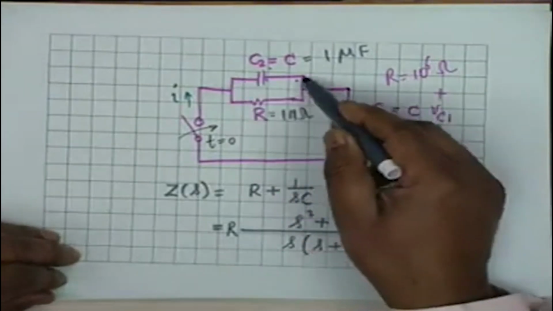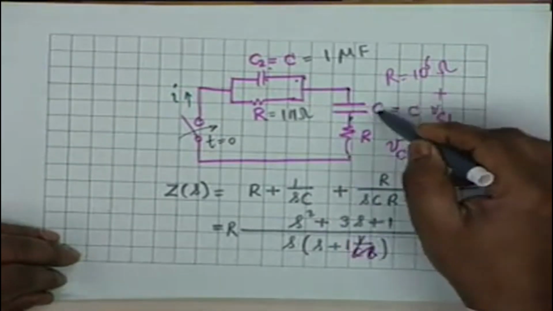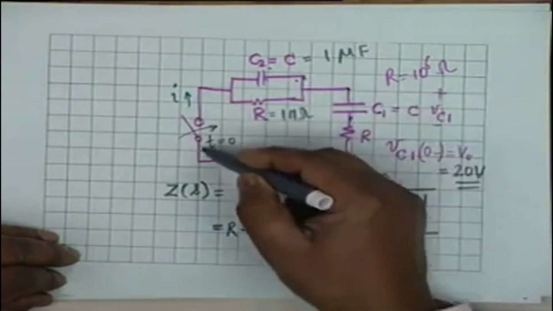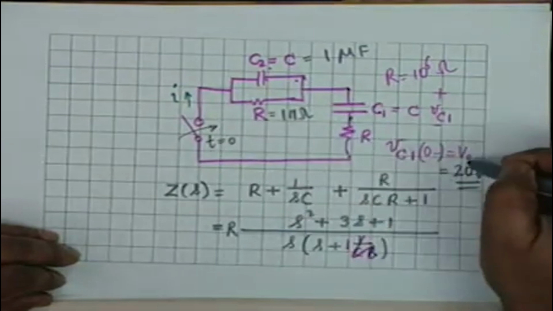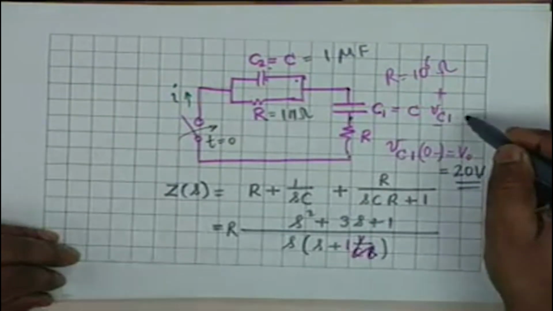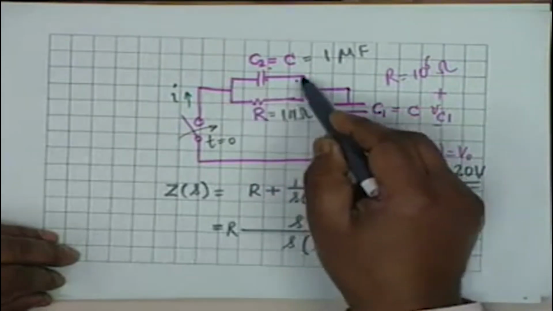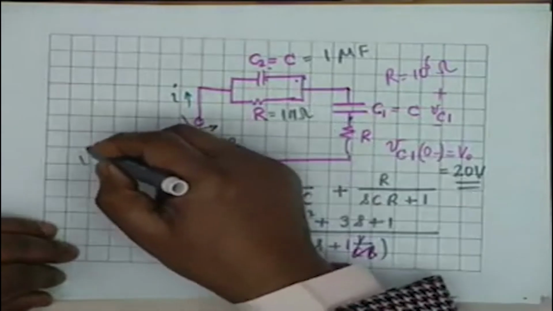And therefore this behaves like a short circuit, and therefore this capacitor C1 sends a current through R in the opposite direction, which is equal to 20 divided by R, not 2R, only 1R, because this R gets short circuited.